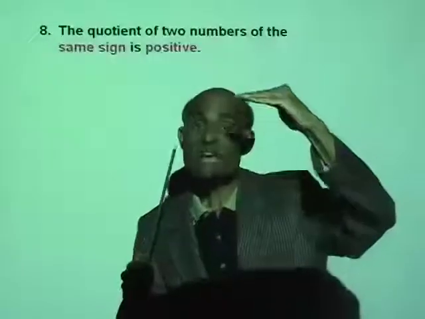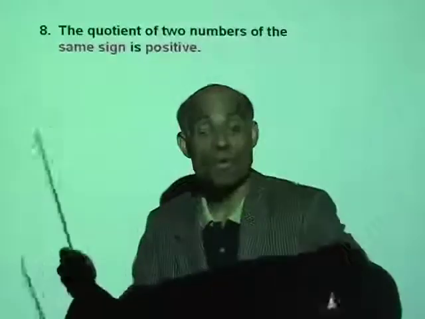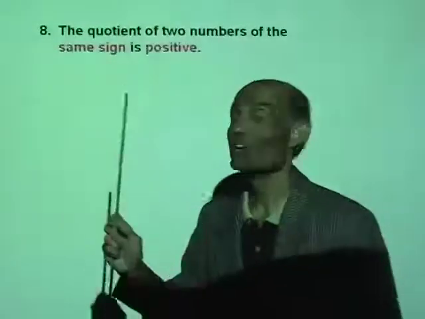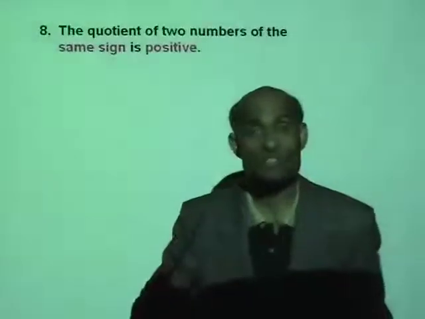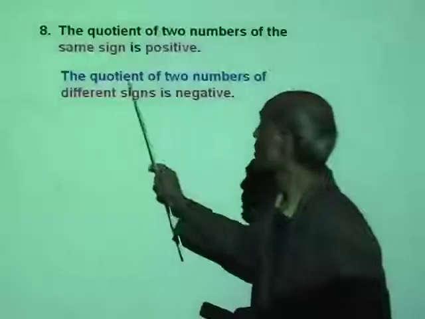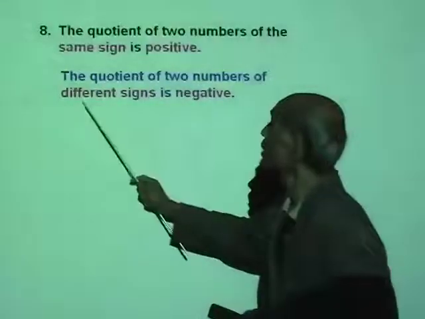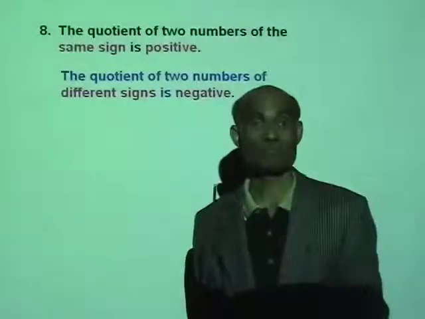Similarly, a negative number divided by a negative number will also be positive. The quotient of two numbers of the same sign is always positive. The quotient of two numbers of different signs will be negative.